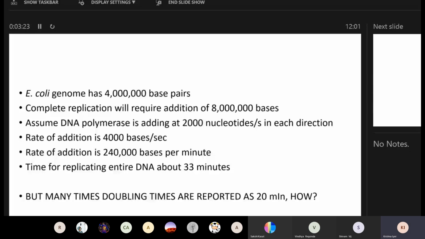So here is a little out of the box thinking. What happens in real life is that many times when E. coli is multiplying and DNA is being replicated, something very interesting happens.